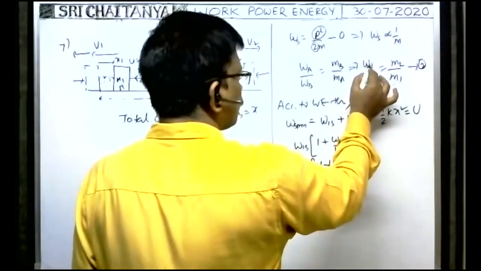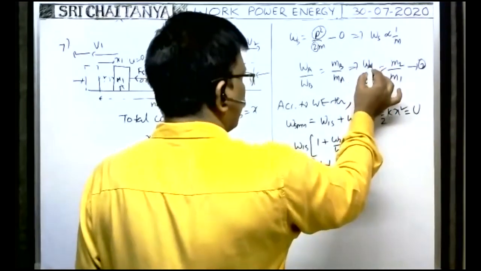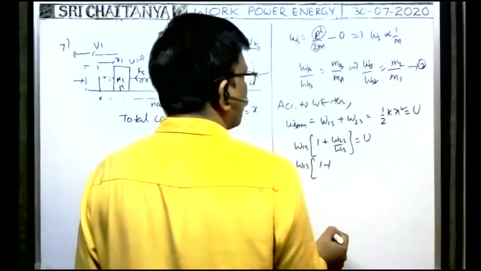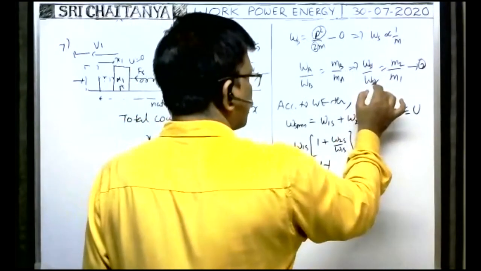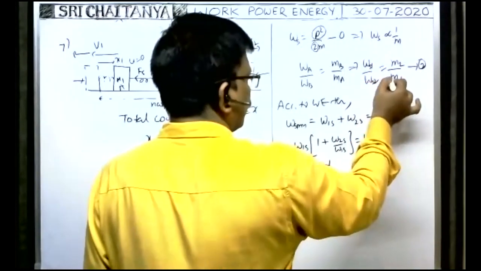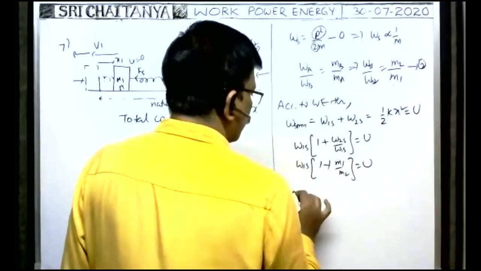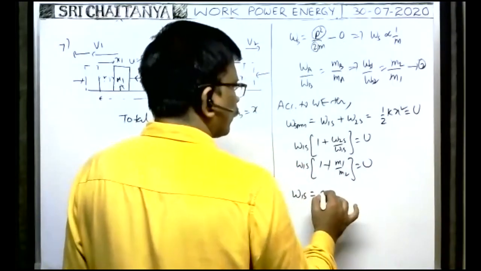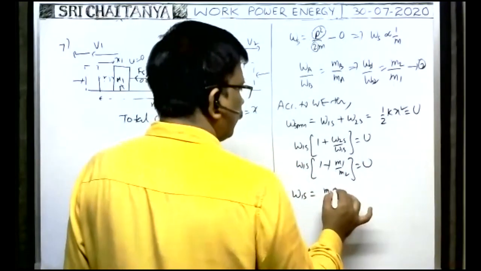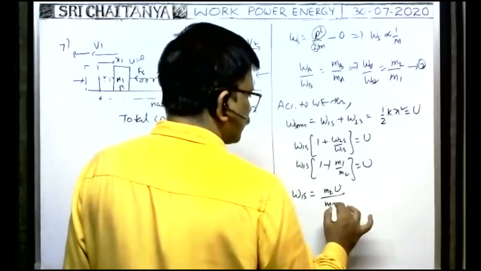It is the work done on the first block by the spring and the work done on the second block by the spring. Okay, that's why W2s by W1s is equal to M1 by M2. So M1 by M2 is right. So W1s is equal to, when you take LCM, M2U by (M1 plus M2).